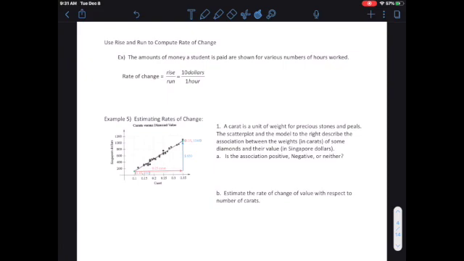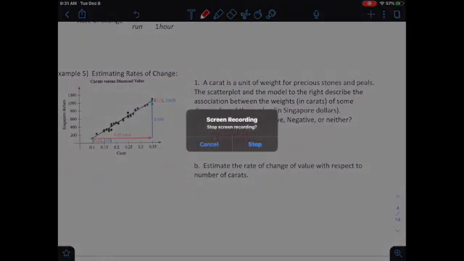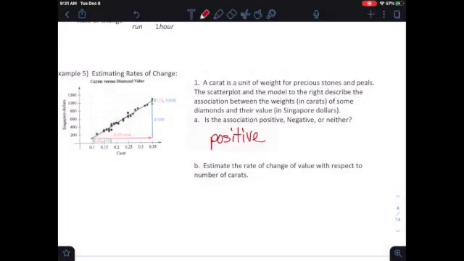So is the association positive, negative, or neither? Please pause and answer question number 1. And number 2 says estimate the rate of change of value with respect to the number of carats.